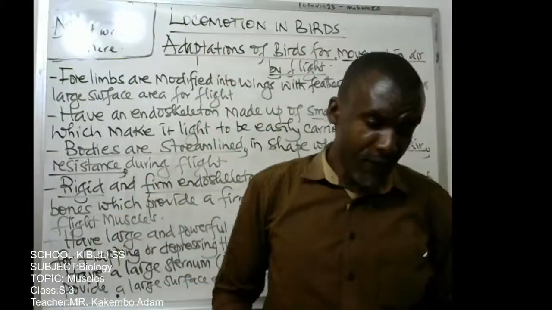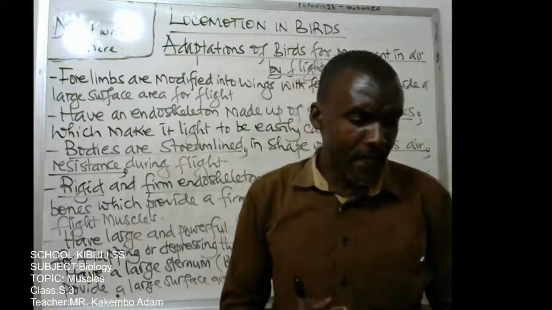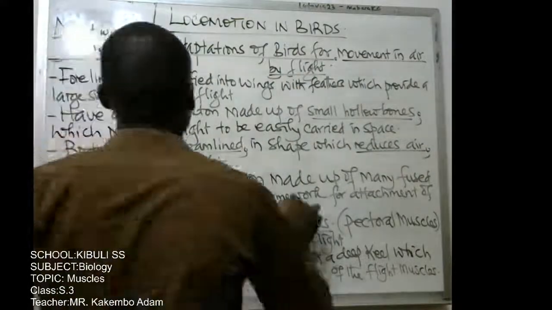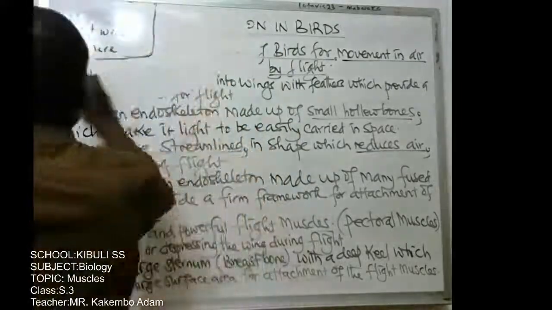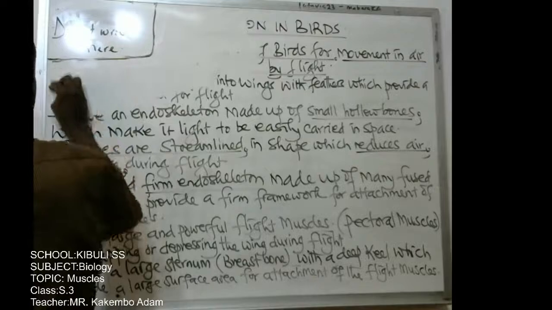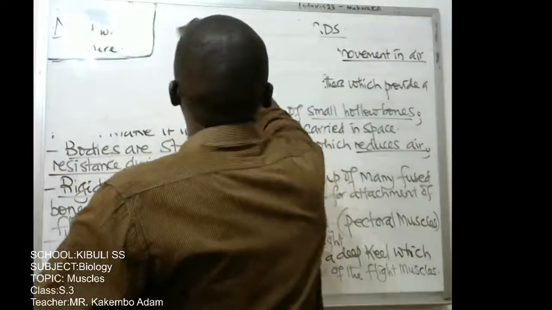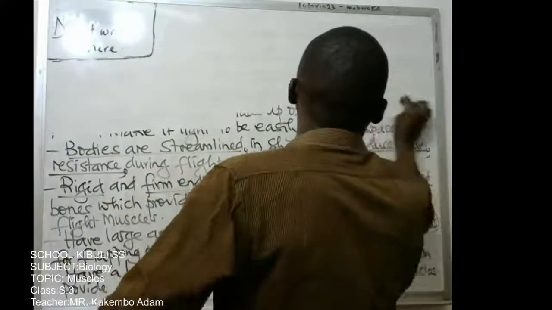Okay, let us finish up these adaptations. We have about 5 minutes to go. They have a keen sense of sight. Remember, we talked of good visual acuity in the insects.